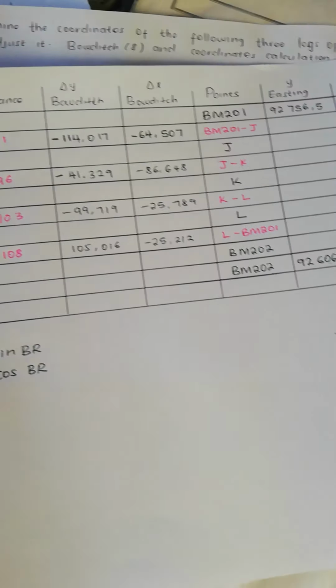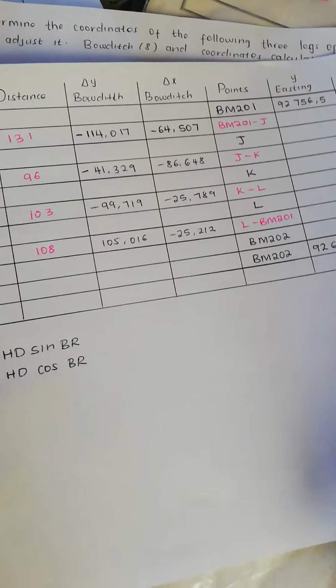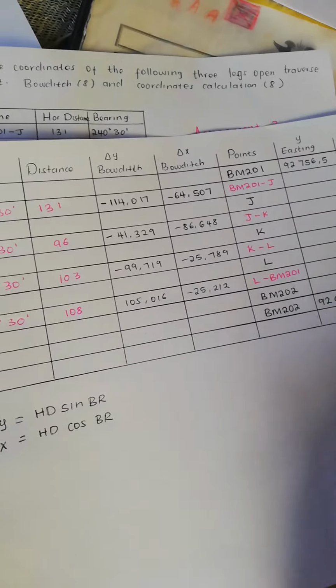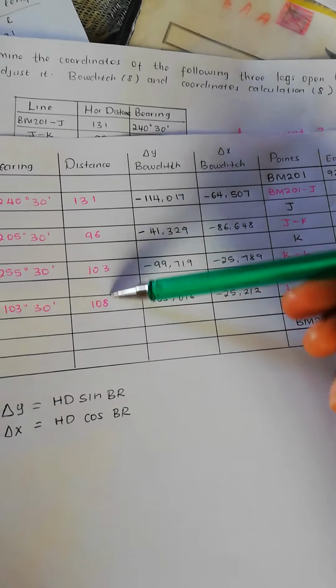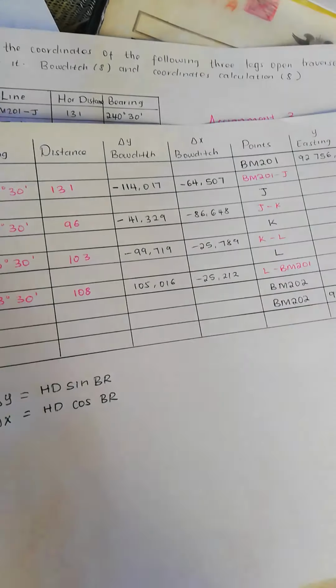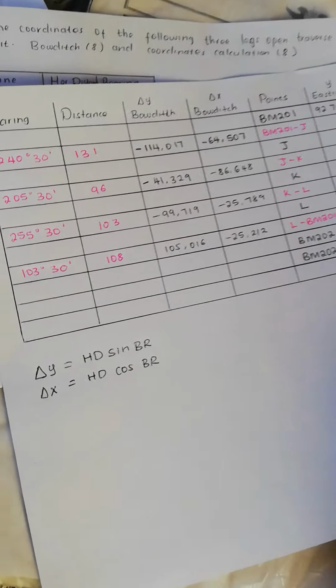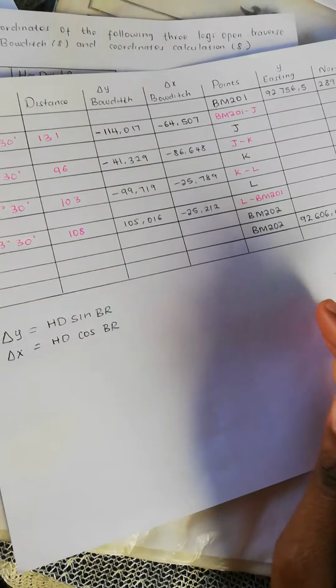Once you are done calculating delta y and delta x, you need to get the sums. So you need to get the sum of your distances, sum of your delta y, sum of your delta x. So I've calculated them here.